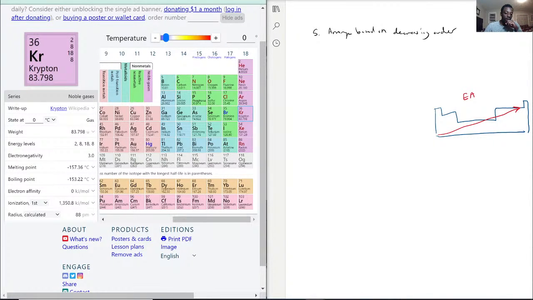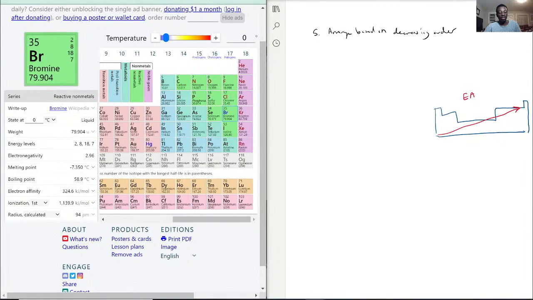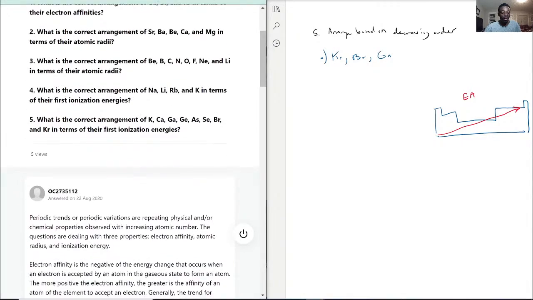Noble gas or not, I'm just trying to make sure I have the right information here. You know what, I'm going to go with what I understand. So I do believe the order for A would be to start with krypton, then bromine, then gallium. Let's see how we did there briefly.